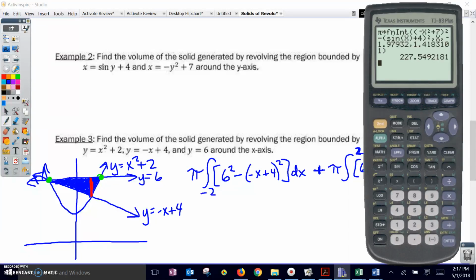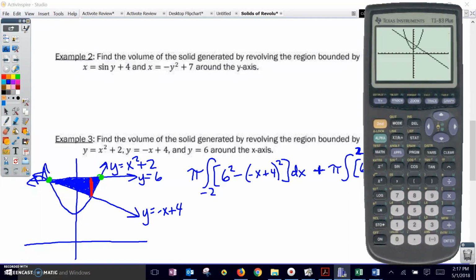Now I can go ahead and set those two equal to one another and figure out where that intersection point is, or I can just go ahead and graph those two curves. So y equals x squared plus 2 and y equals negative x plus 4. Missed a negative sign. And I'm going to go ahead and graph those two.